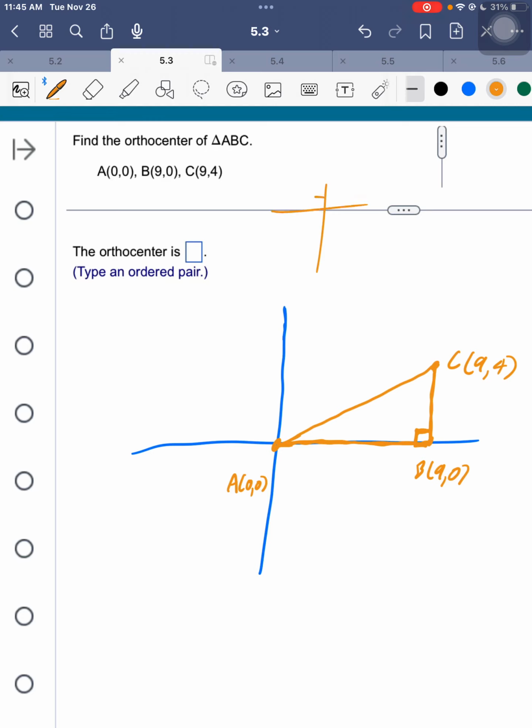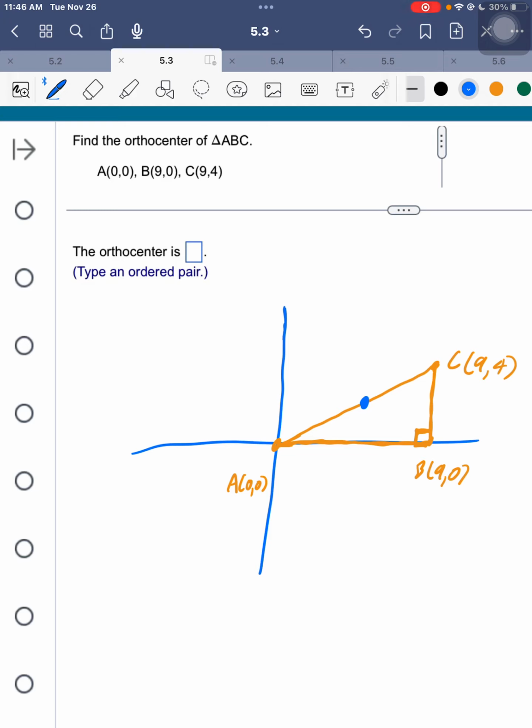What do I know about a vertical line and a horizontal line? They intersect perpendicularly. So remember we talked about your circumcenter being the midpoint of your hypotenuse, somewhere over here. So this is where your circumcenter would be. What about your orthocenter?